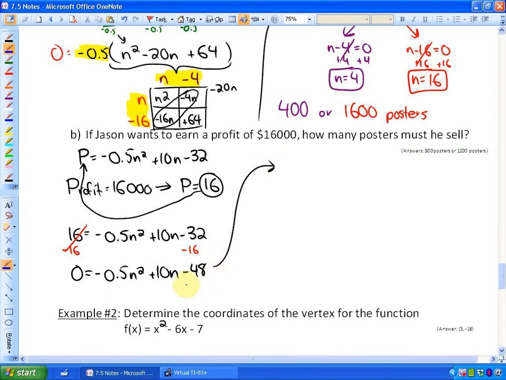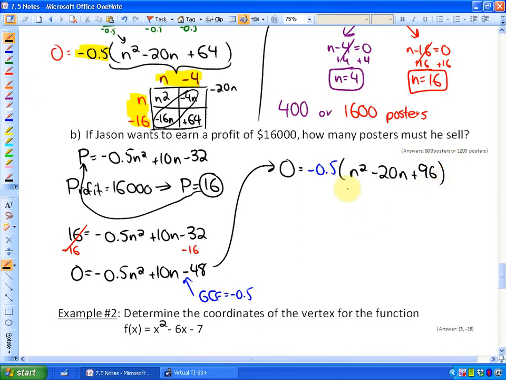And I would again treat this as a greatest common factor of negative 0.5. So if I factor that, I would have negative 0.5, and my factors would be n squared minus 20n plus 96.